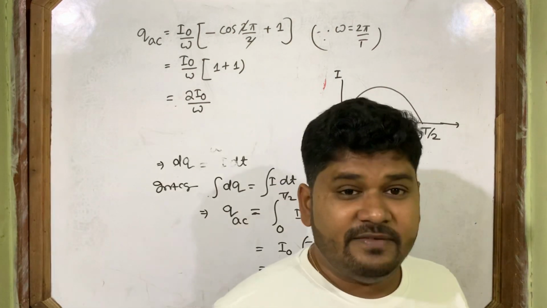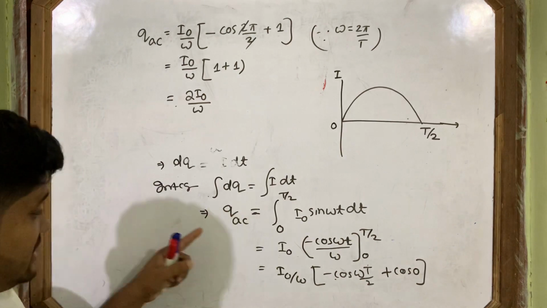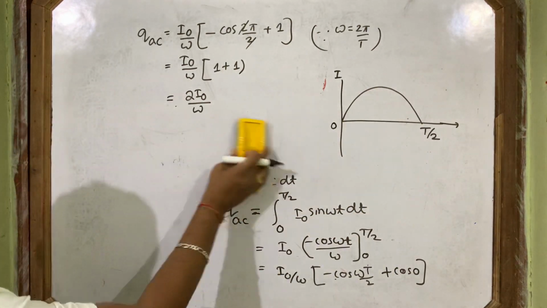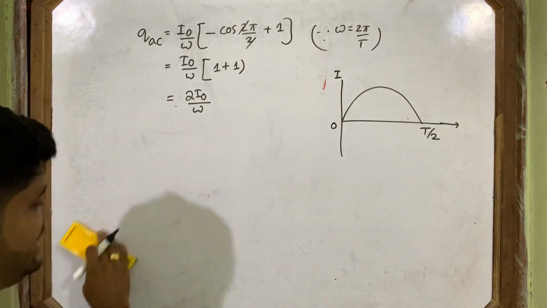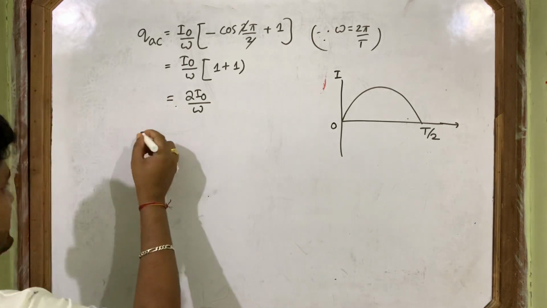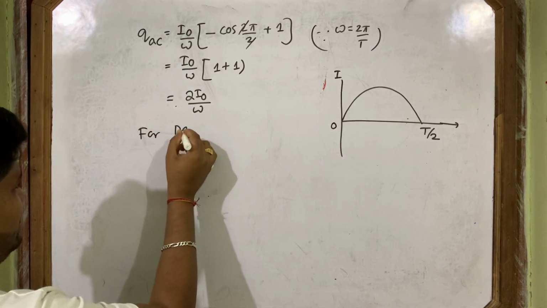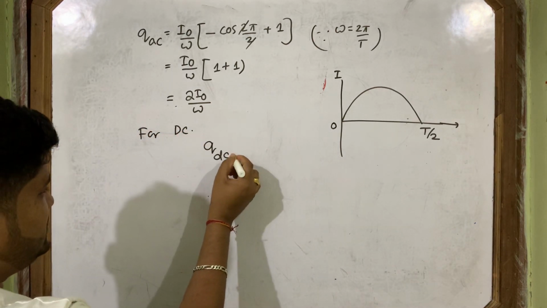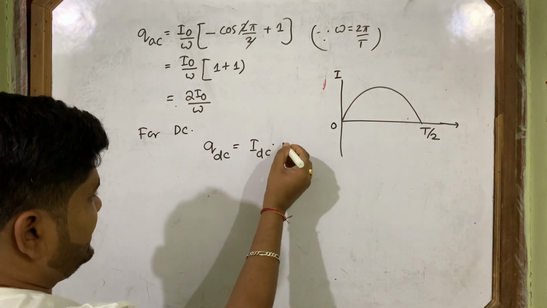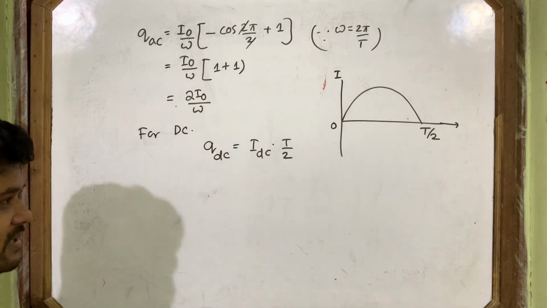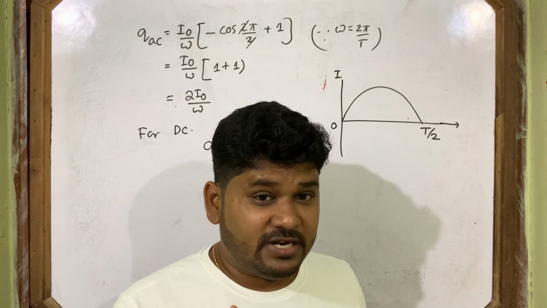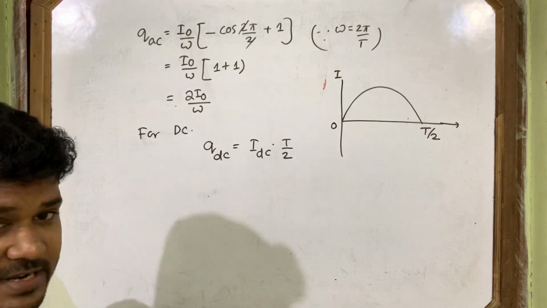So this is the charge flow by AC in a half cycle. Then how much charge flows by DC? For DC, Q is equal to I T. For DC we can use Q is equal to I T because for DC the current is always constant, no integration is required.